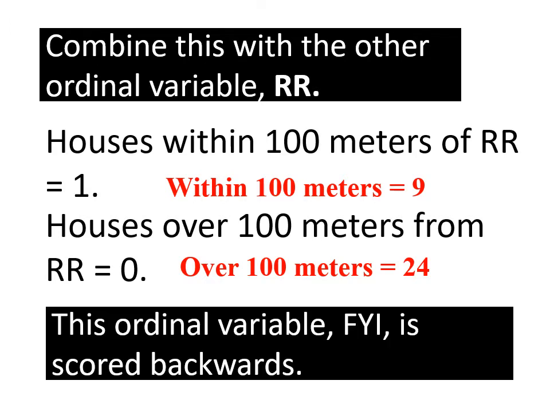And you might be wondering, how is this an ordinal variable? It's scaled backwards. If I were going to go back and redo all of this, I would reverse it: if it's within 100 meters, I would give it a 0, and if it's over 100 meters, I would give it a 1.